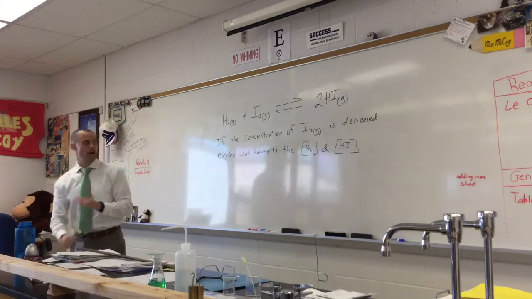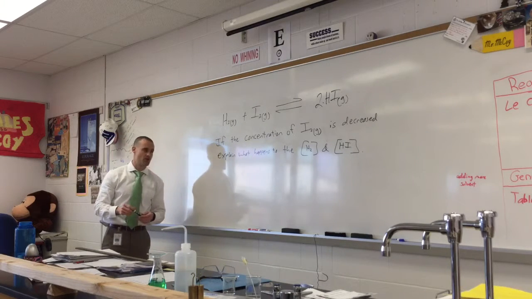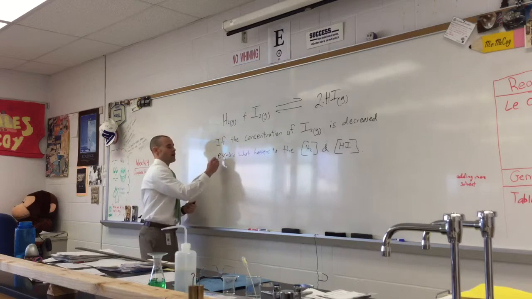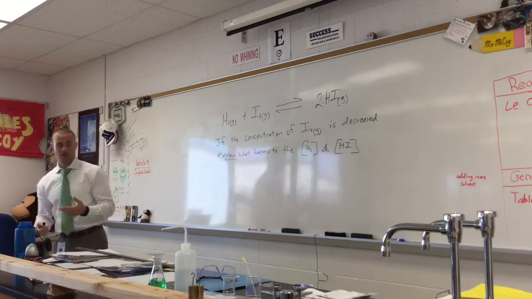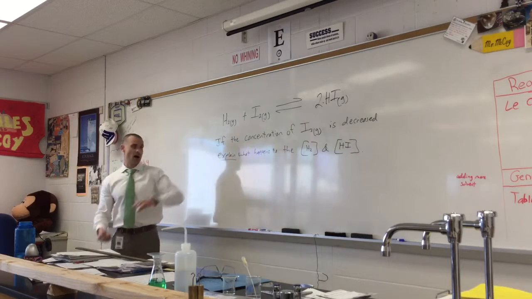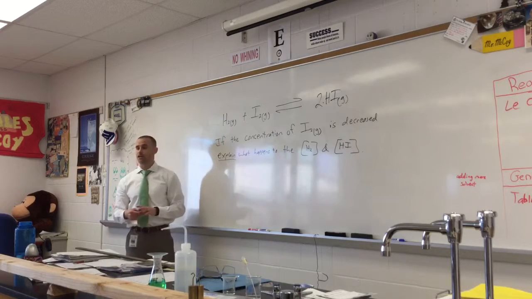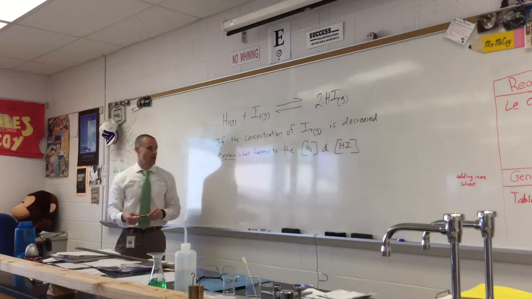So if we remove some I2, explain what happens to the H2 concentration and the HI concentration. When I say explain, what I suggest you do is figure out which way the equilibrium shifts. Then you can explain why the H2 increases or decreases, and the same thing for HI. I'm going to walk around and read what some of you wrote. Give you a couple minutes.